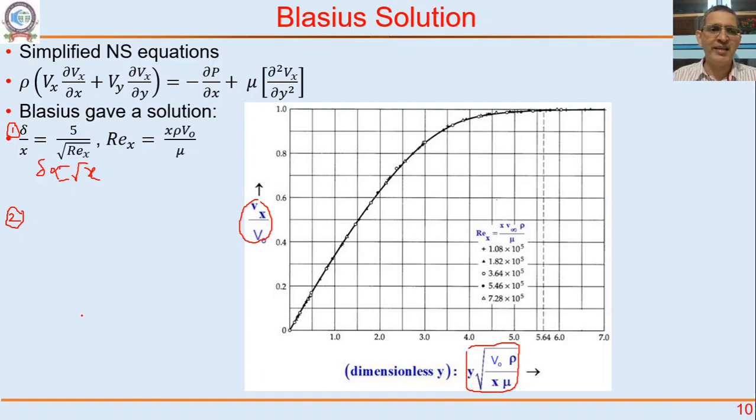So Vx by V naught is a dimensionless velocity field. I can write this a little differently, as y by x into root Rex.